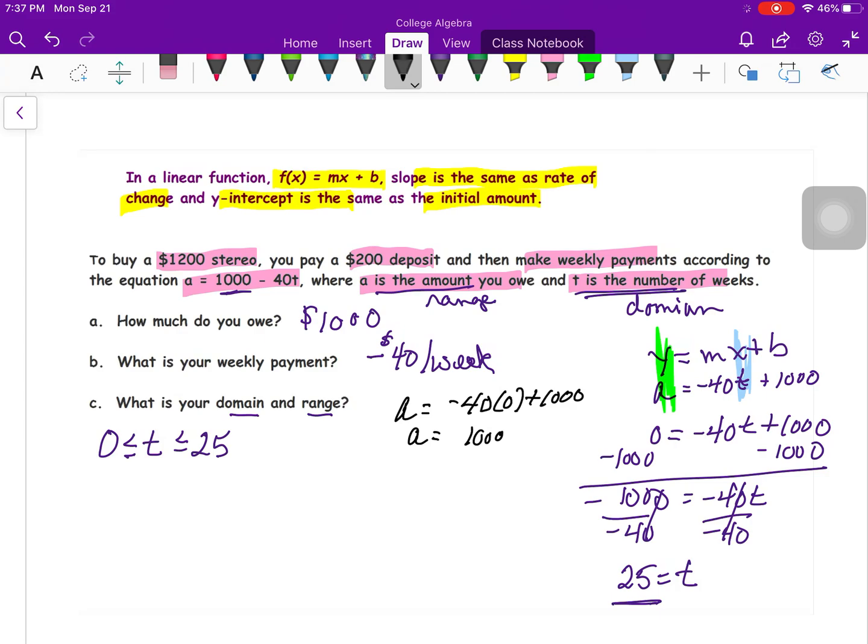The least amount of money would be $0. So 0 is less than or equal to A, which is less than or equal to 1,000. So to find your maximum domains, put 0 in for your y so you get your x's. To find your maximum ranges, put your 0 in for x to see what you get for y's.